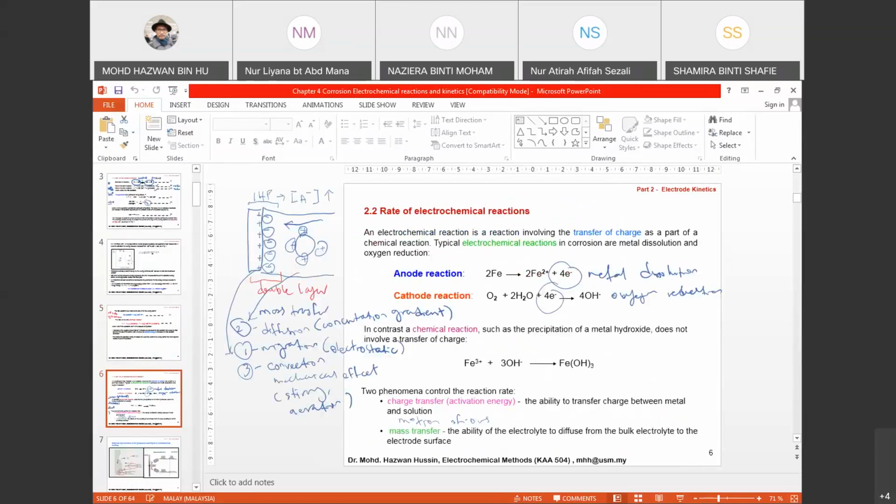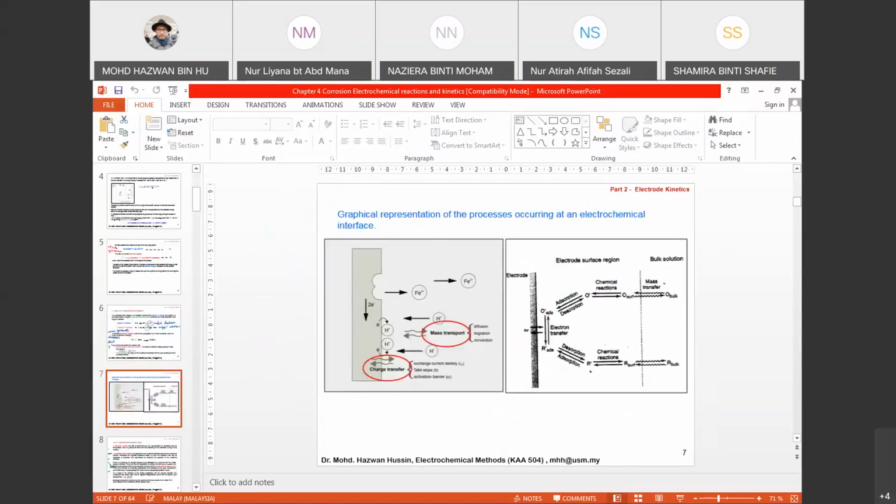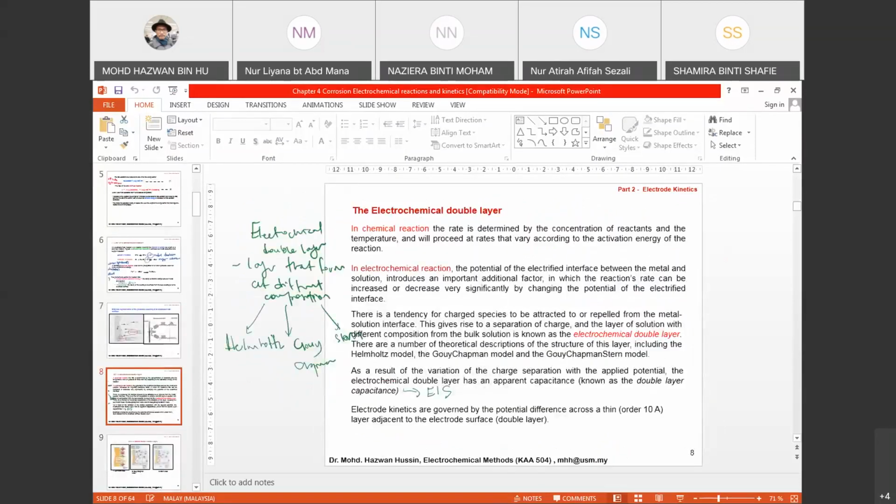We also understood that an electrochemical process is always related to charge transfer and mass transfer phenomena. And last Tuesday, the essential part of the lecture was the electrochemical double layer.